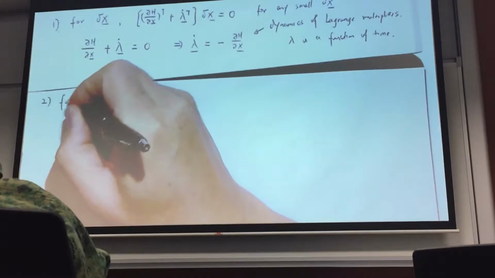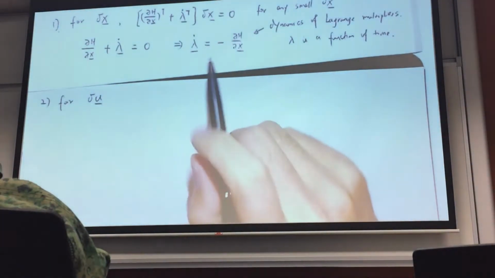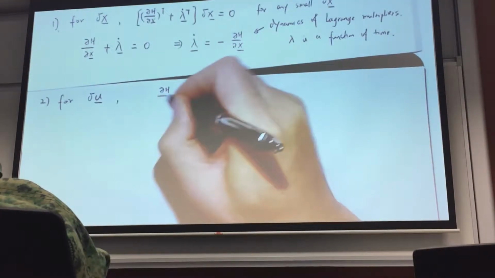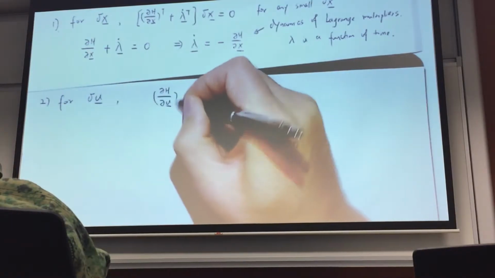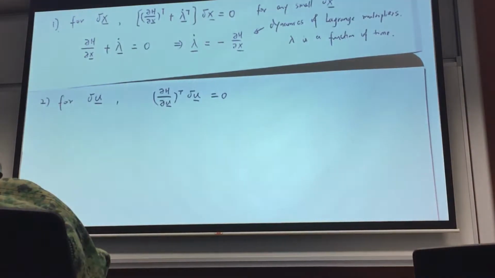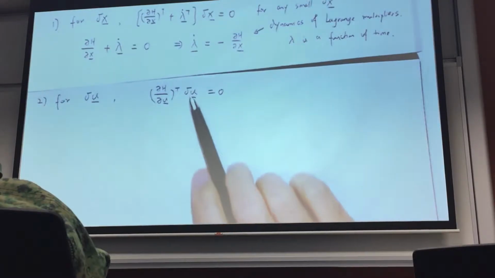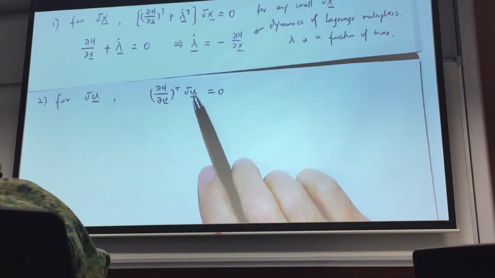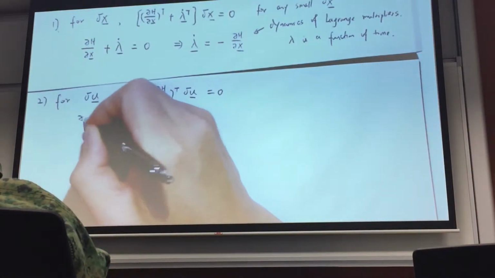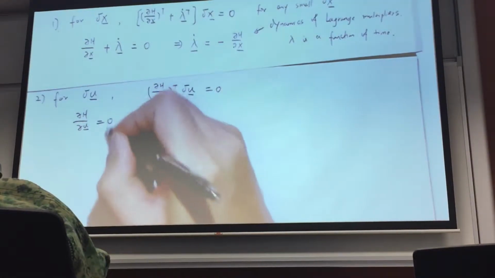Secondly, the condition for delta u. For delta u, we must make this dH du multiplied by delta u equal to 0, for any small perturbation delta u. So this will require this dH du equal to 0.